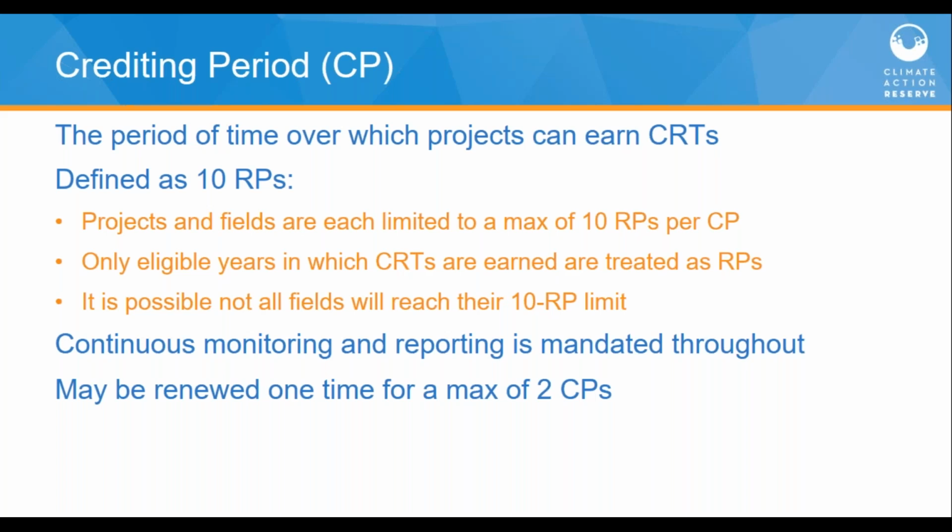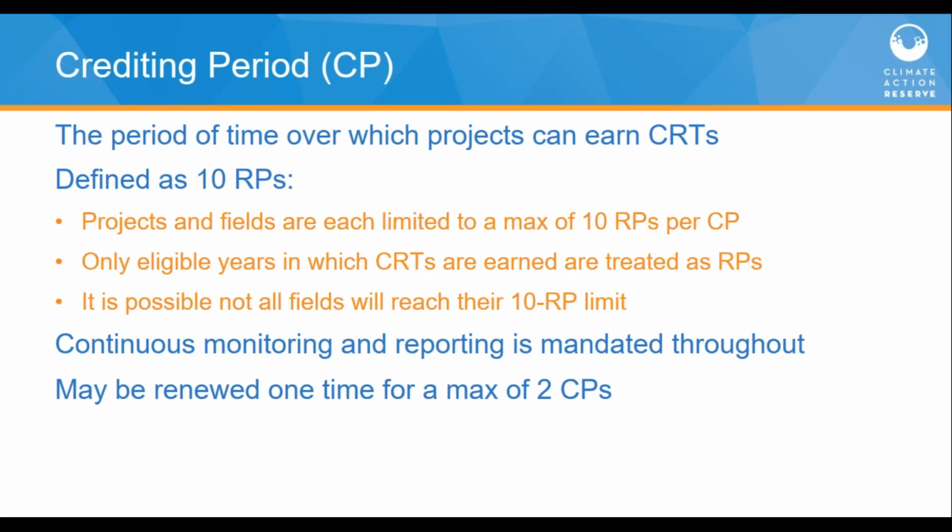So it's possible that all fields within a project might not reach their 10 reporting period limit, because there could be years in which fields, whether they're planting an eligible crop or going fallow, would not be considered as a reporting period.